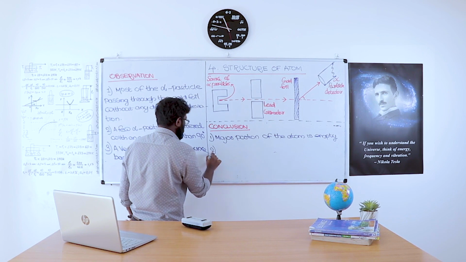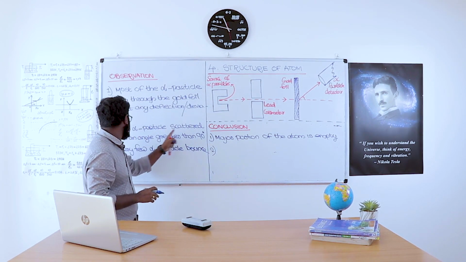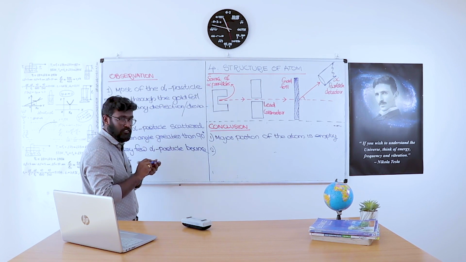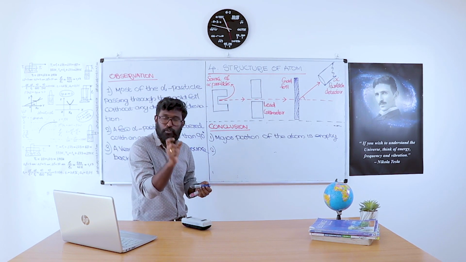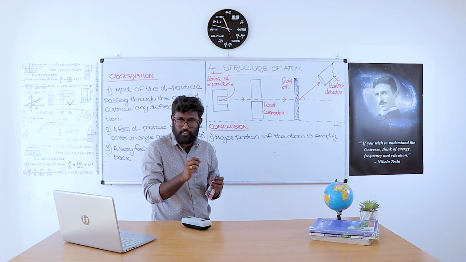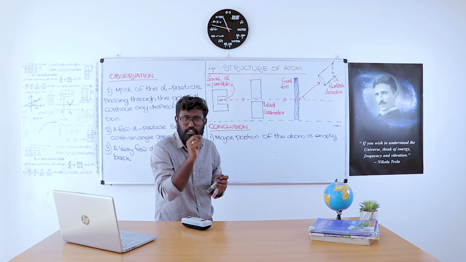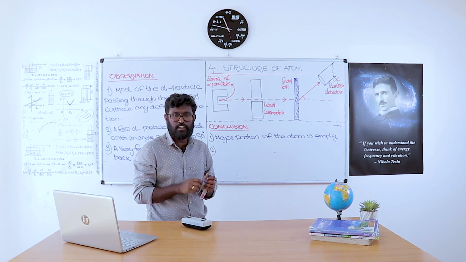Point number 2. What is the second observation? A few alpha particles scattered at an angle greater than 90 degrees. That means there is some positive charge, a very small positive charge inside the atom.